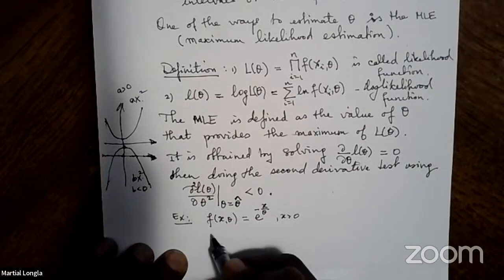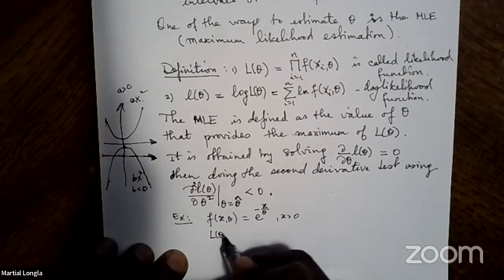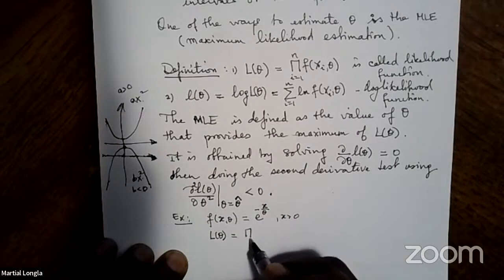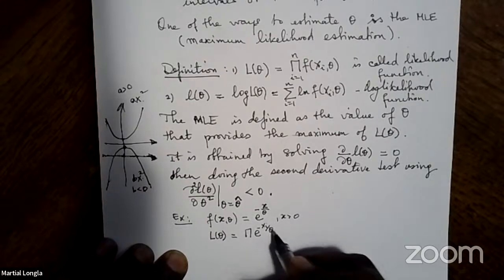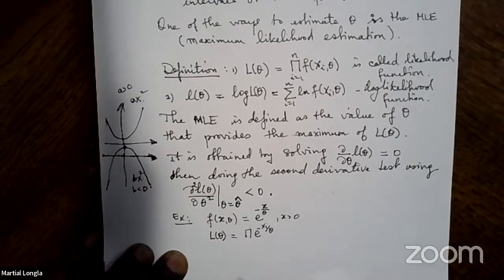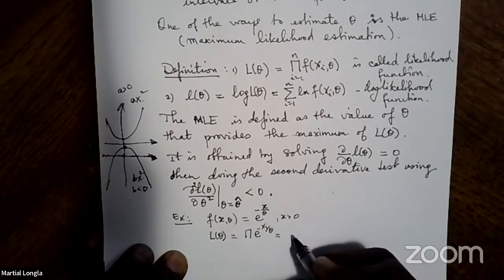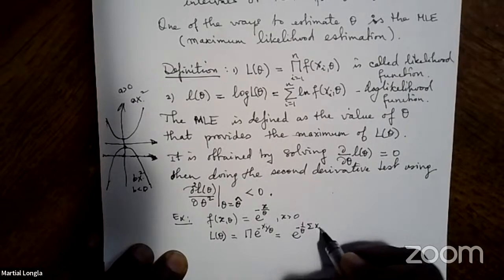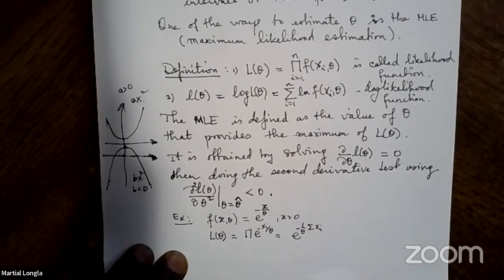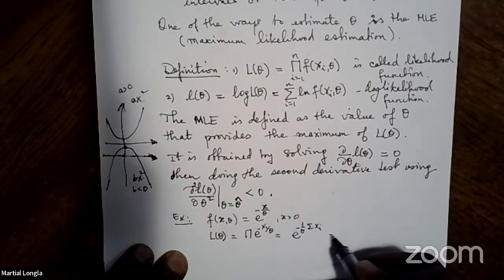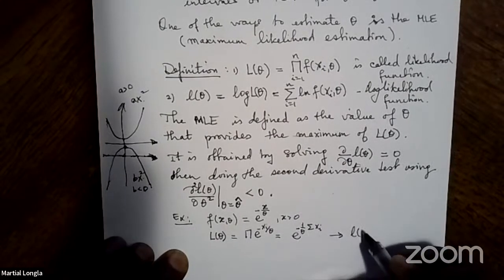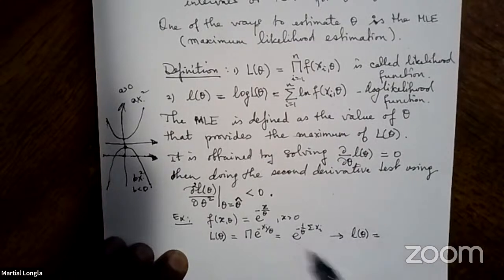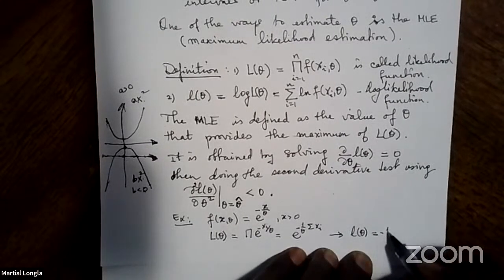Then in this case, capital L of theta will be the product of e to negative xi over theta, which is e to negative 1 over theta sum of xi. Agreed? And that says that little l of theta, we take natural log, it becomes negative 1 over theta sum of xi.